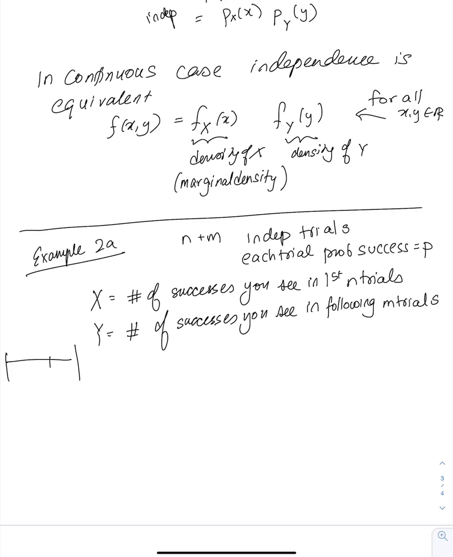So let's say you have n trials done, and these are m trials, and you look at x's number of successes here, and over here y is number of successes. Since each trial is independent of any other, you would expect that x and y are independent, but that's what we're going to rigorously prove.